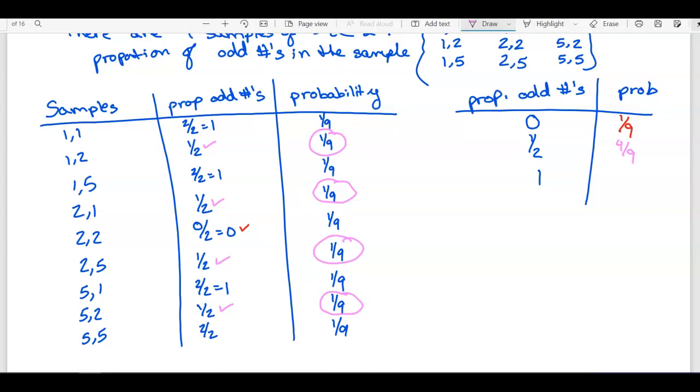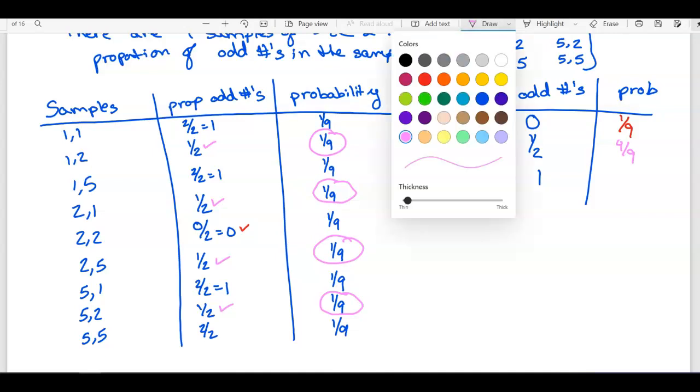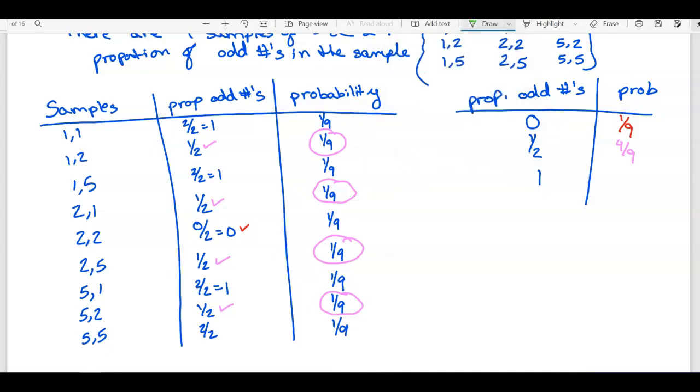And then if we look at all the ones that we have, we have 1, 2, 3, 4 ones. So we would have 1/9 plus 1/9 plus 1/9 plus 1/9.